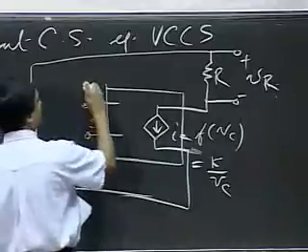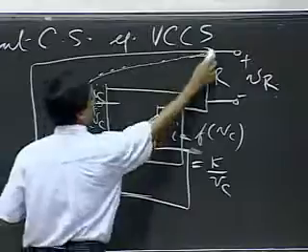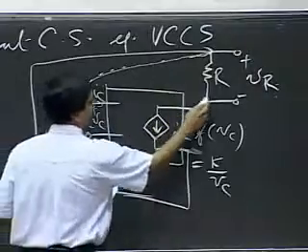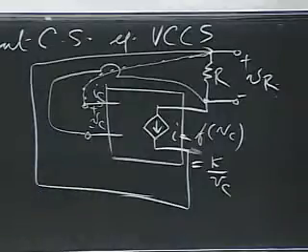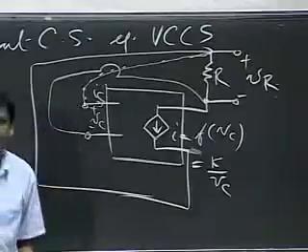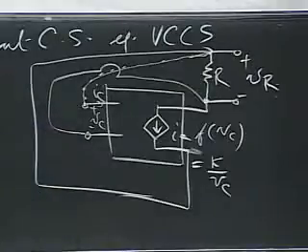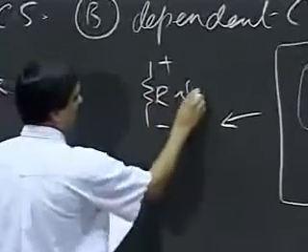Let me make this connection from here to here. What I've done is apply VR at the control port of the dependent current source. I often draw a circuit like this, but it looks pretty messy. I will often draw the circuit like so: R, VR.